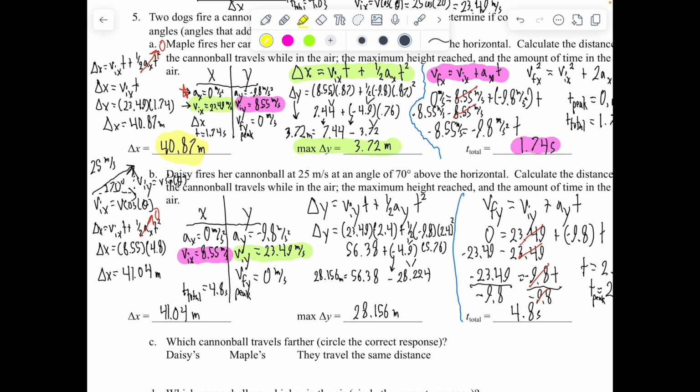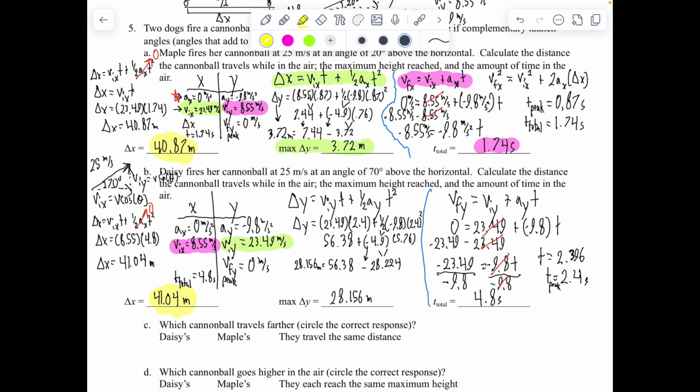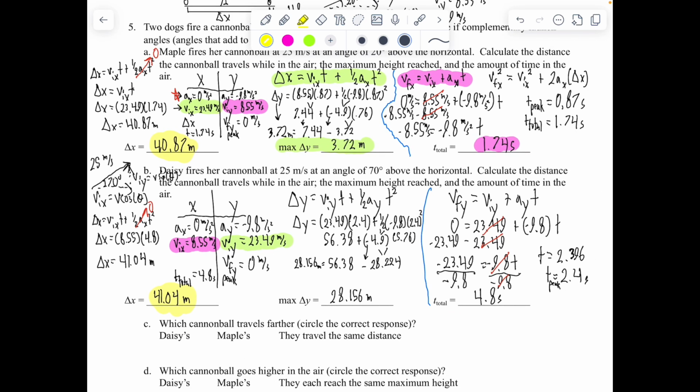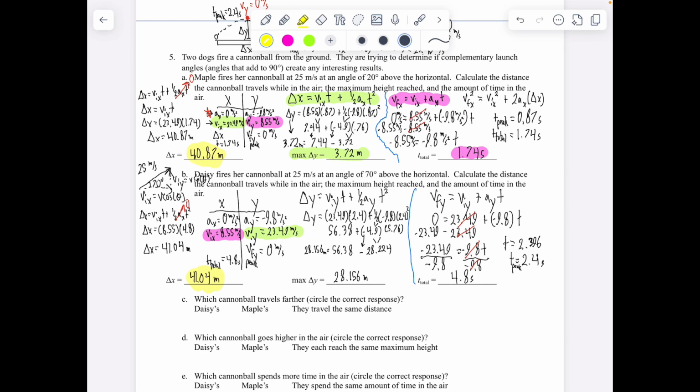When we launched it at 70 degrees, it went 41.04 meters. These are so close. If we never rounded our numbers, these would be exactly the same distance. If you launch something at complementary angles, they would reach the same distance. 20 degrees, 70 degrees, if you launch it at the same speed, it's going to travel the same distance.